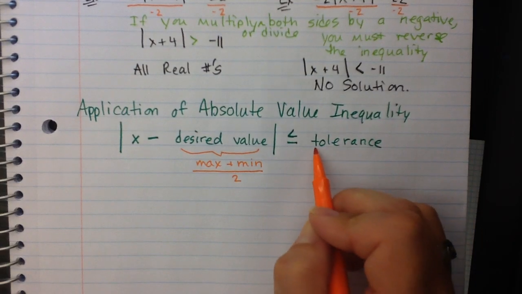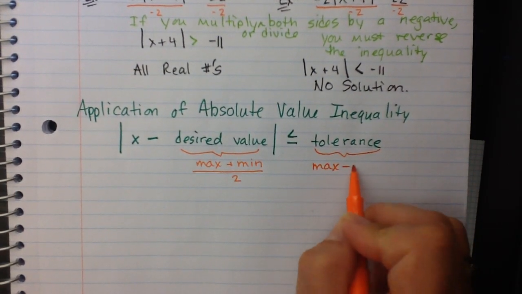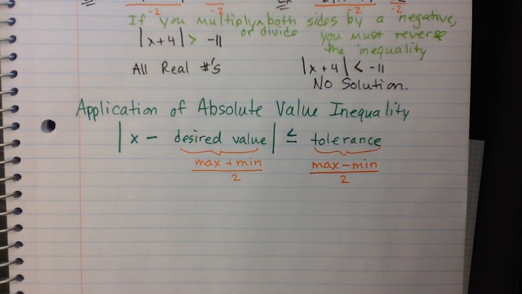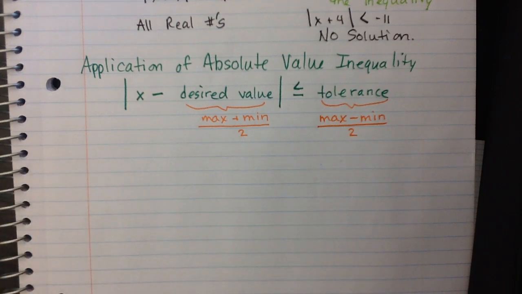And the way that you get the tolerance, if you're not given that in a problem, is that you take the maximum value minus the minimum value and divide it by 2. So what I'm going to do is give you an inequality for a tolerance problem, and then we'll figure out what the desired value is and what the tolerance is.